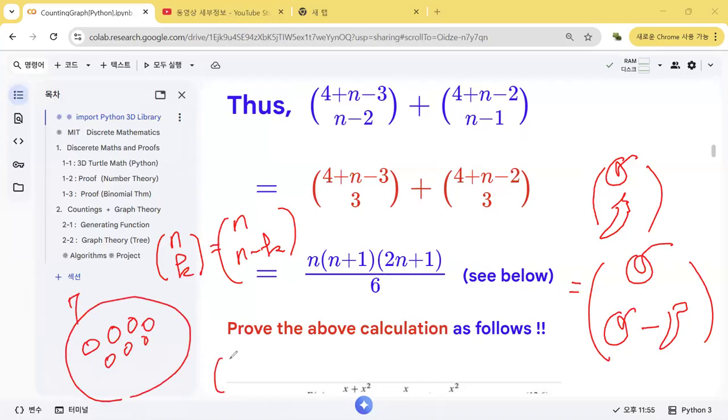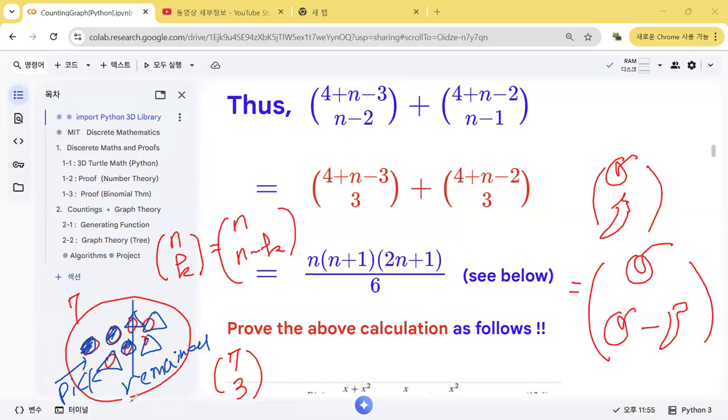So if you want to select three, suppose you choose this one and this one and this one. Then automatically, you just pick up those three, and the other four remain.